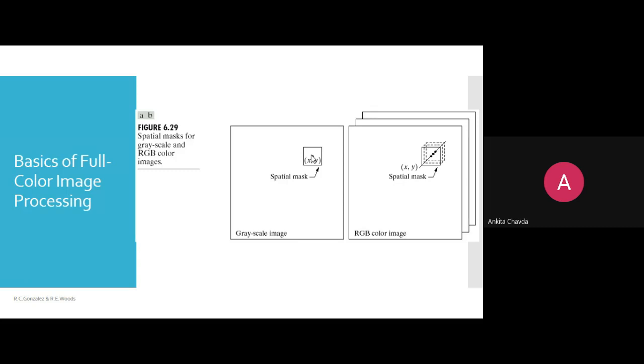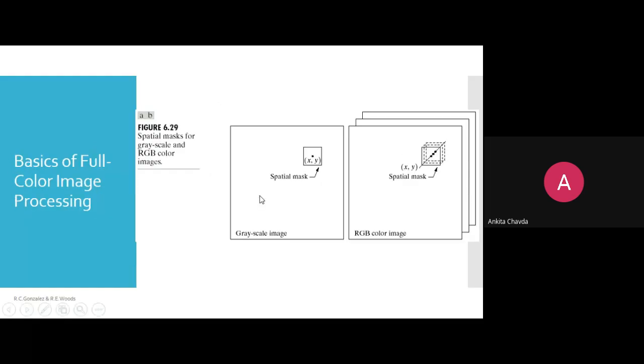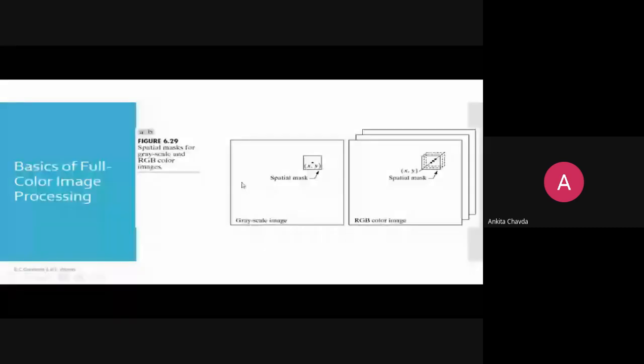If it is an 8-bit image, it will vary from 0 to 255, though in MATLAB we store it as 1 to 256. So here we have just a single measure of your image, that is intensity.